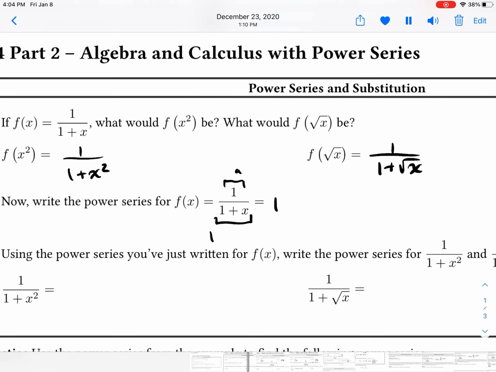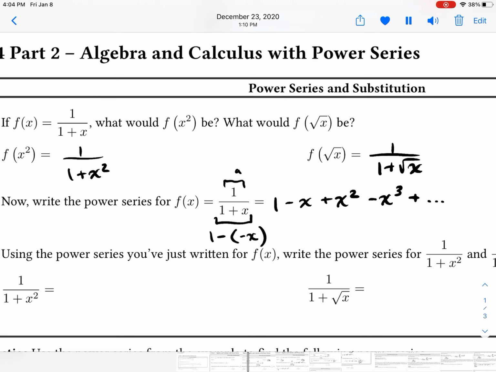This here would be 1 minus negative x. So our common ratio is actually negative x. So this series would look like 1 minus x. And now we're going to multiply this negative x by a negative x. So that's plus x squared minus x cubed. And this is just going to keep going. It's going to alternate back and forth with the signs.